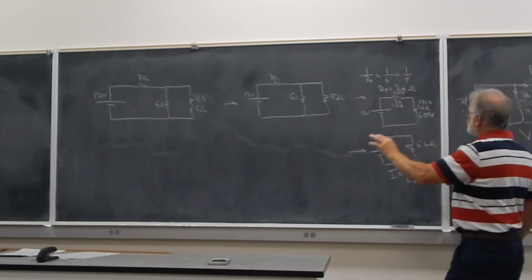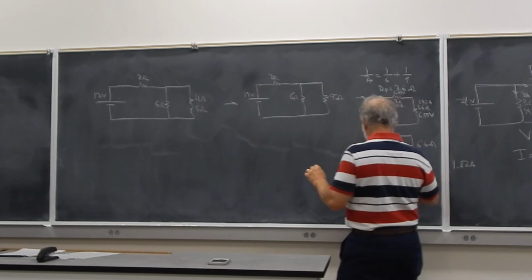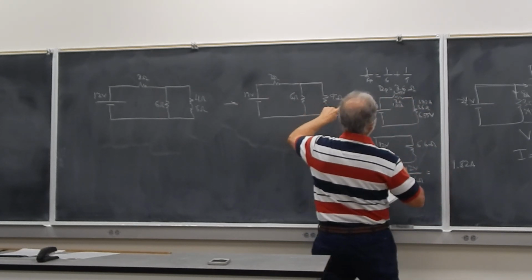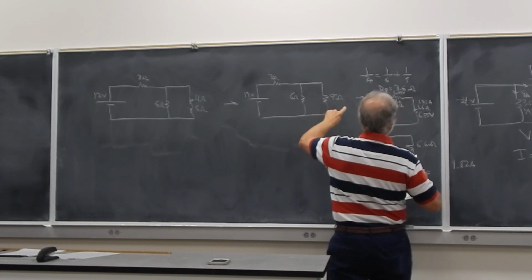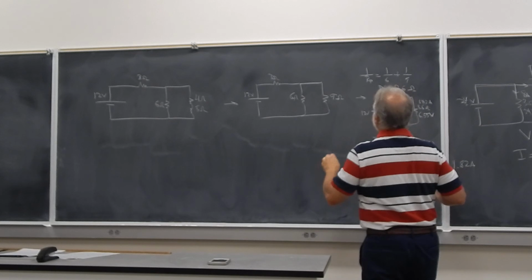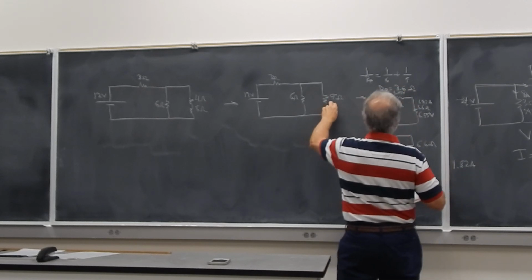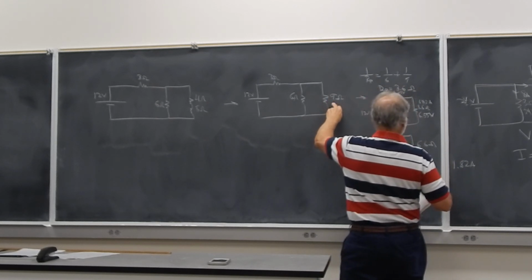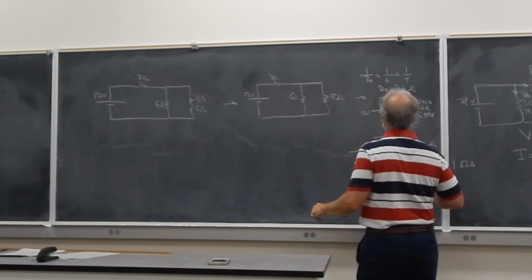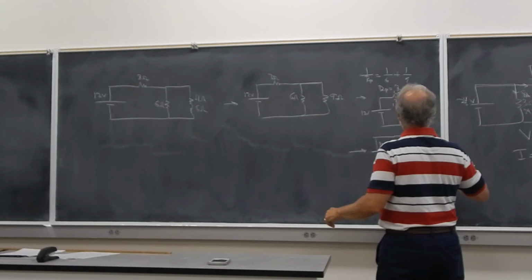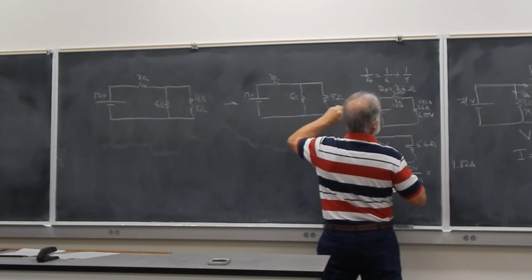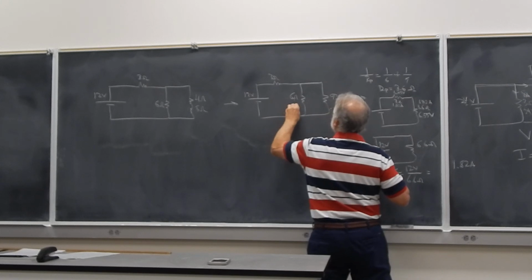Now I go back to the previous circuit. In the previous circuit, I can find the currents in this. So I know that my 9 ohm resistor is actually a series combination of these two resistors, and this is a parallel combination. So the voltage across each of these will be 6.55 volts.